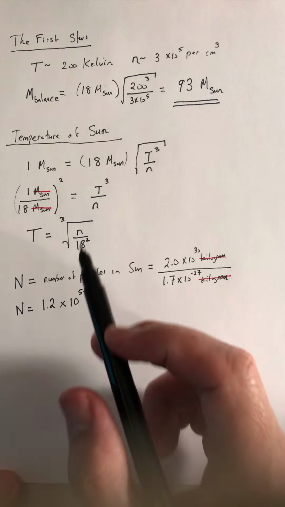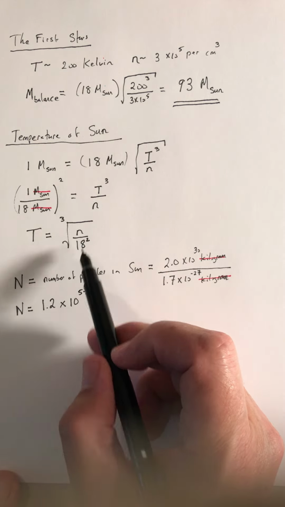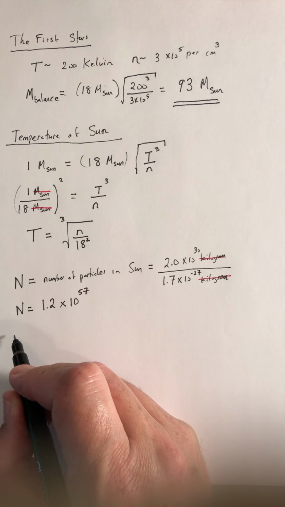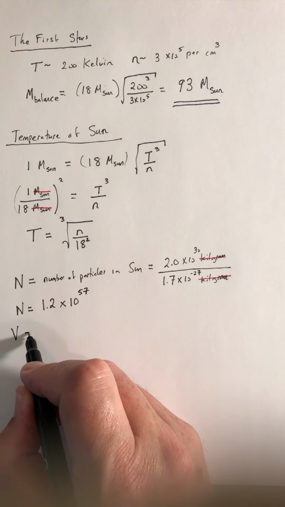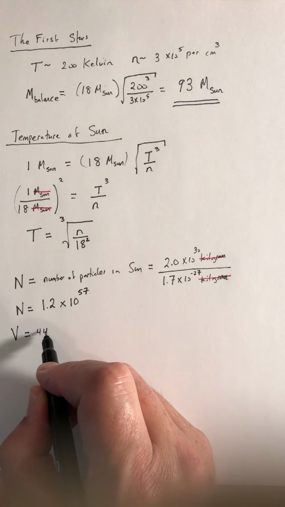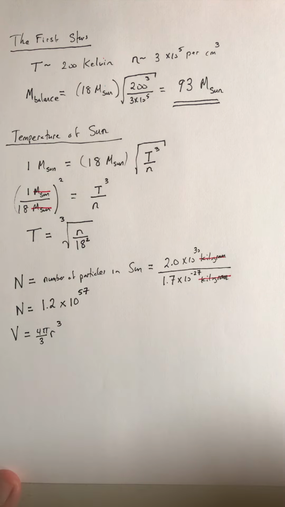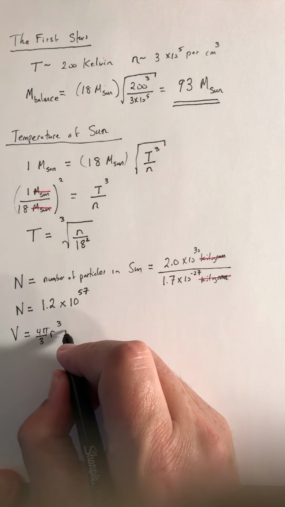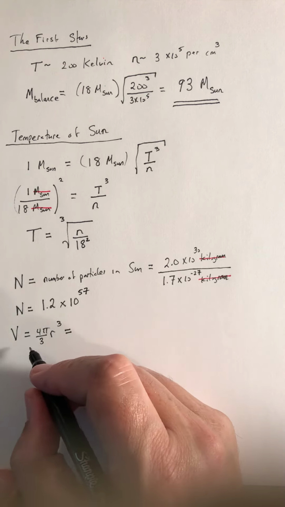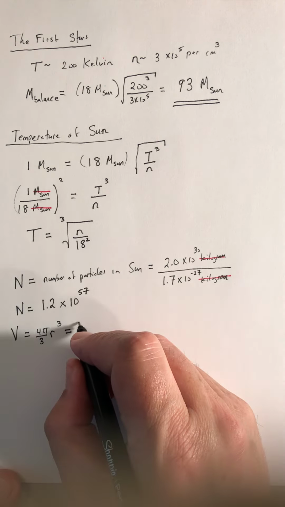Okay, and then to get number density, I also need to know the volume of the sun. Volume of a sphere, 4 pi upon 3 times r cubed. And we want this volume to be in cubic centimeters.